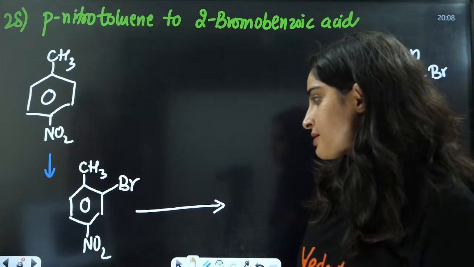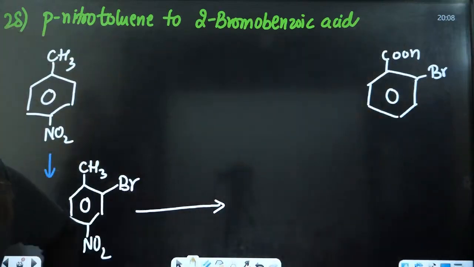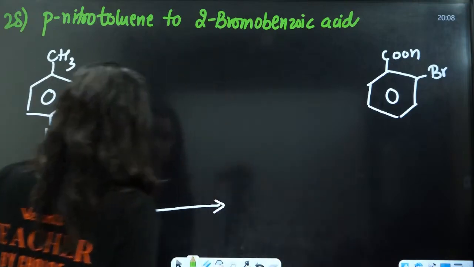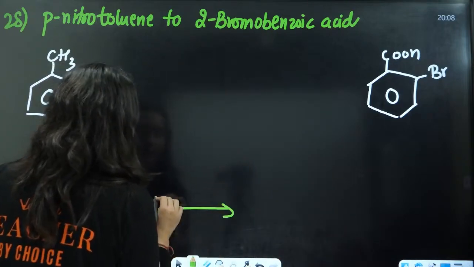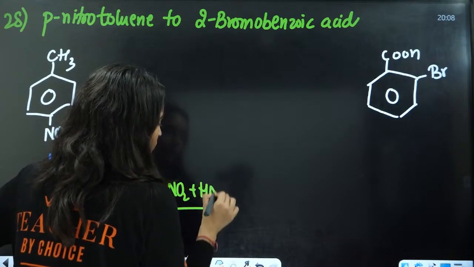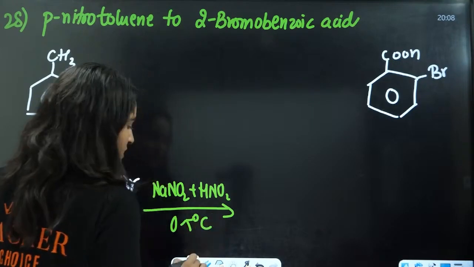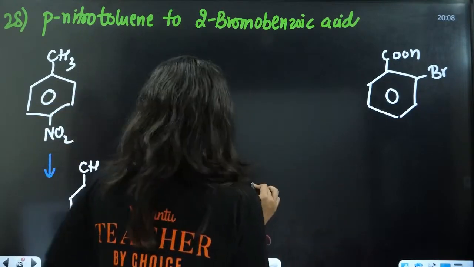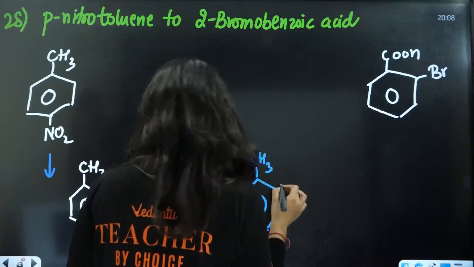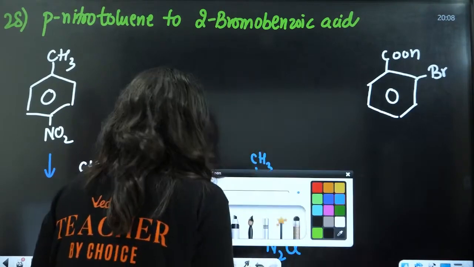Now we need to eliminate this NO2 here and then oxidize this. How do we eliminate this NO2? Everybody, we can do diazonium. Yes, very good. We can do the diazotization, that is NaNO2, HCl at 0 to 5 degrees Celsius. Then here you will have CH3, Br, and N2Cl.